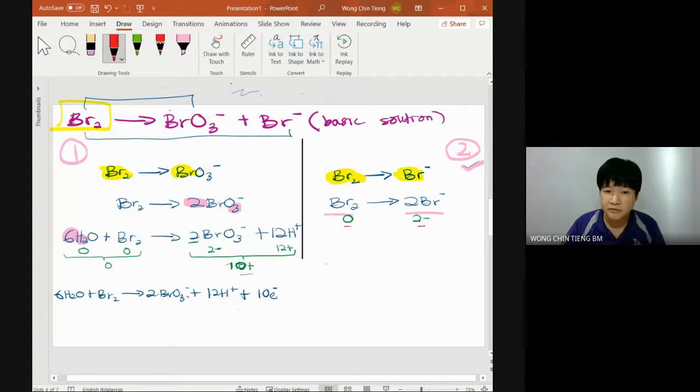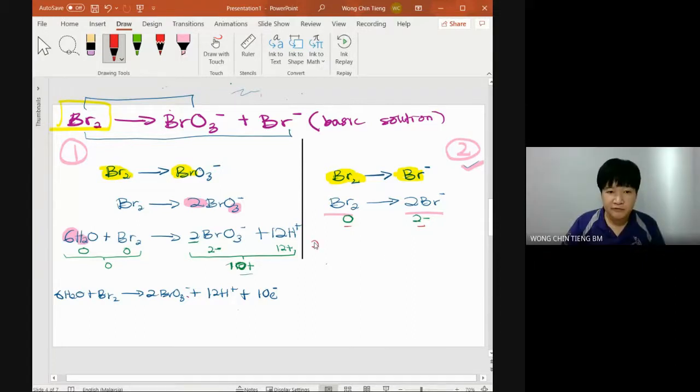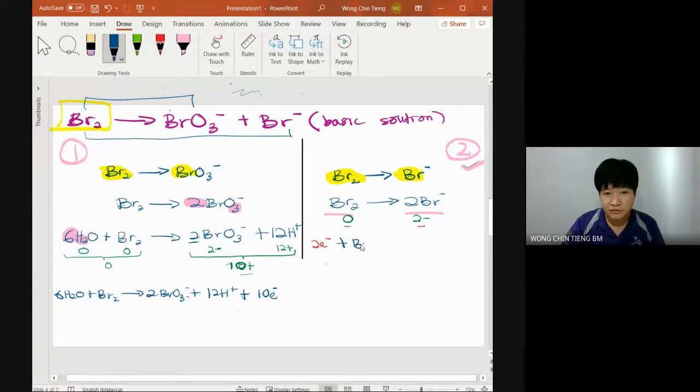Siapa lebih positif? Kosong lah. Betul? So tambah pada Br2. So tambah berapa Zikri? 2. So we have 2 electron added to the side that is more positive. Br2 getting 2Br minus.